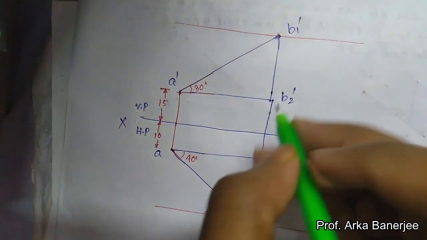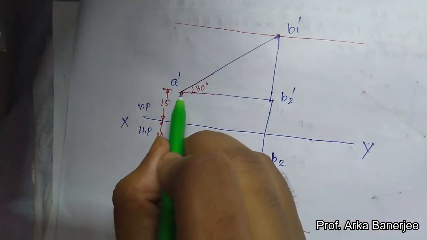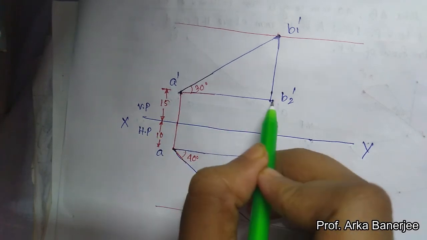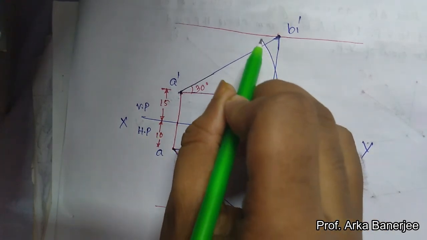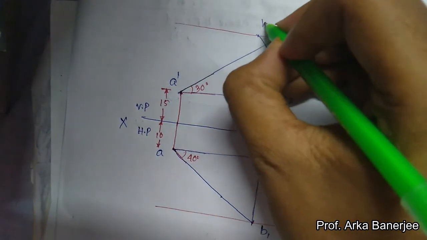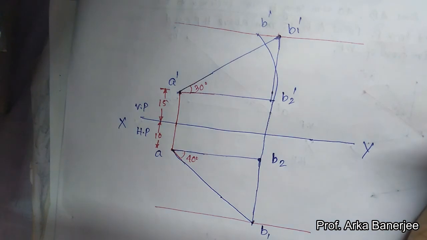And you take this reference, take a compass, make A prime center, and draw the arc. The intersection point here will be B prime.